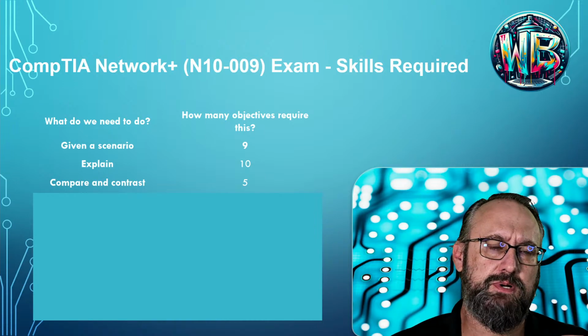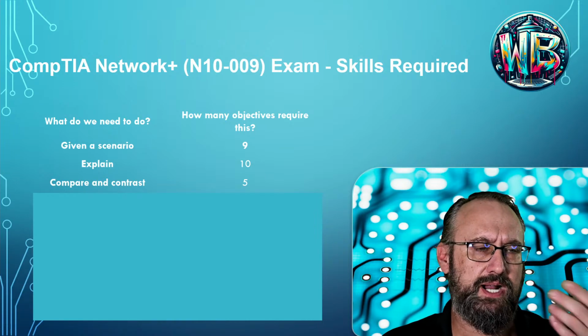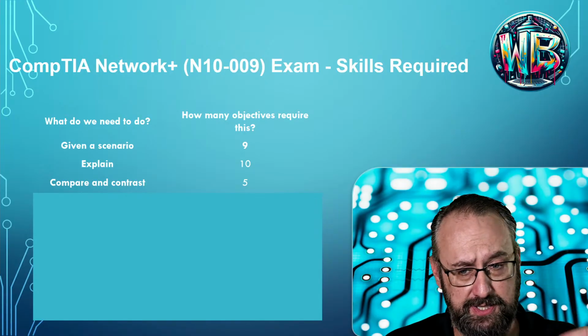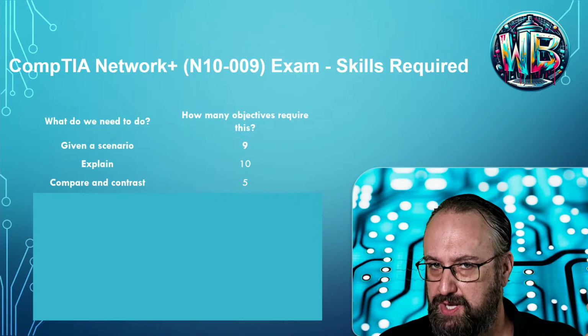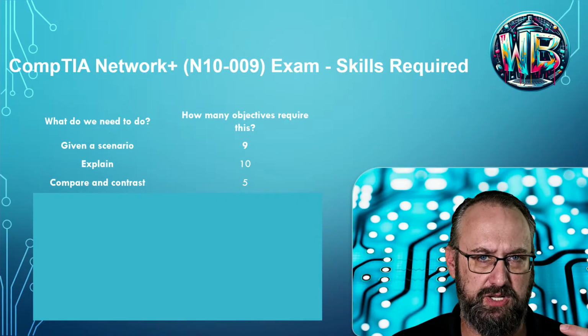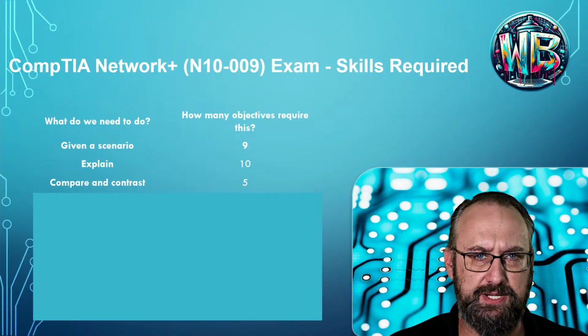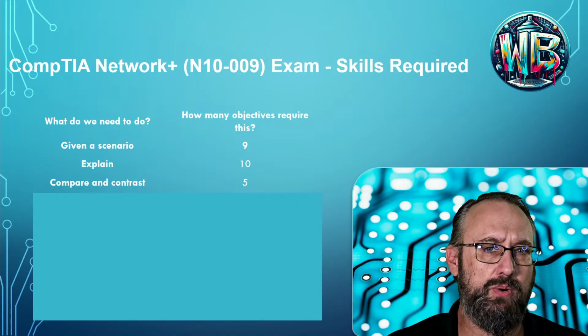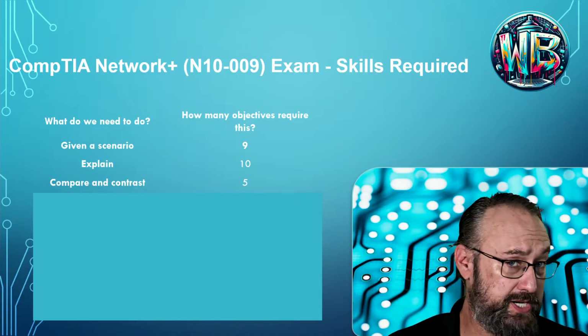That is something where, can I take a chart? Do I know what these protocols are used for? Can I identify in a given scenario what service is being used? FTP, what port is that connecting to? SSH, what port is that connecting to? We have to know, is it 20, 21, is it 22?